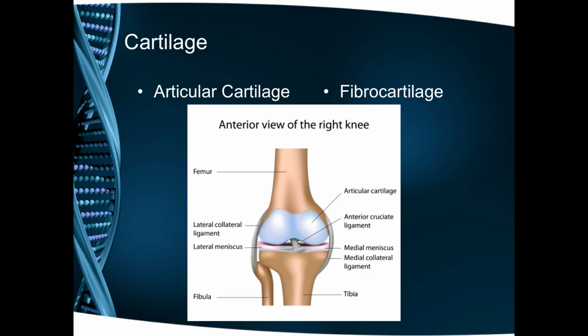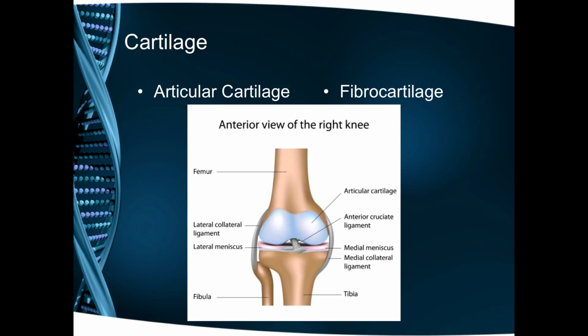There are two types of cartilage that we want to be aware of when considering a synovial joint. There's the articular cartilage that covers the ends of the bones, the articulating surfaces of the bones, and then there's fibrocartilage, and that is the type of cartilage that makes up any type of disc or meniscus within the joint space.